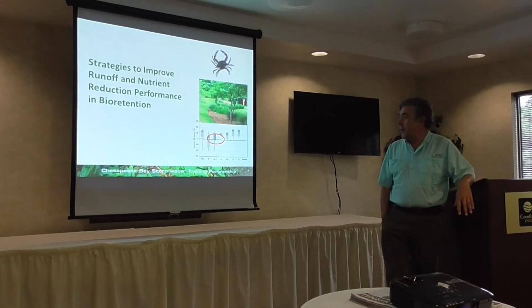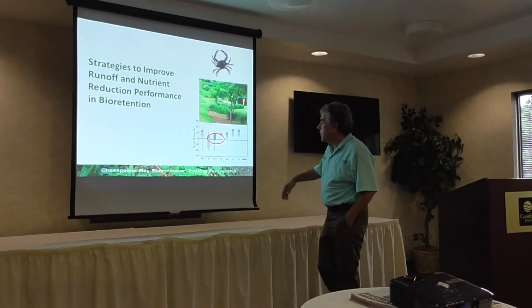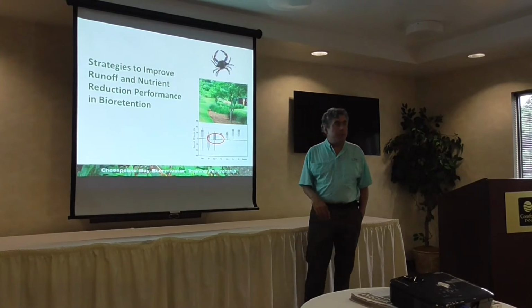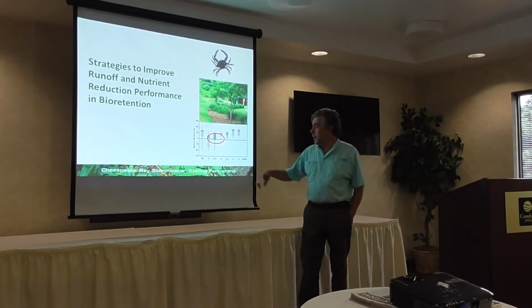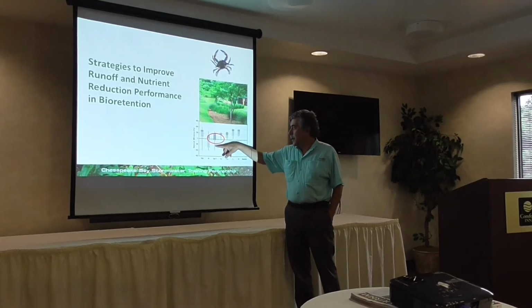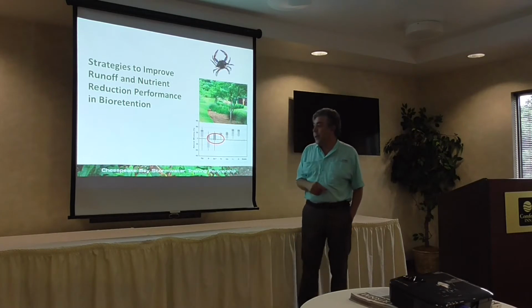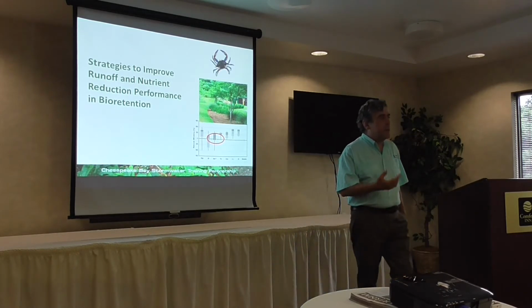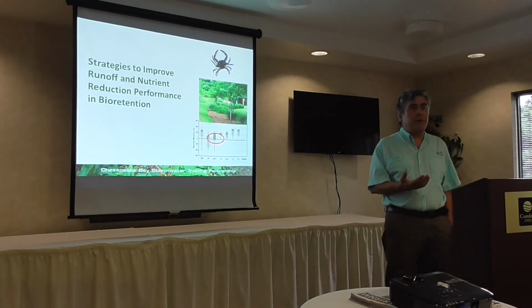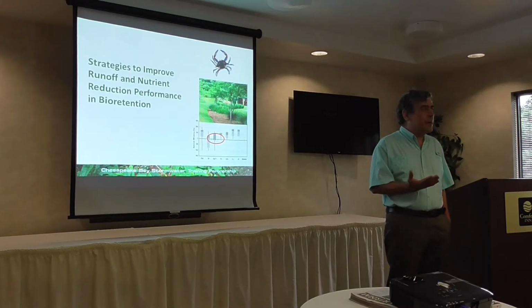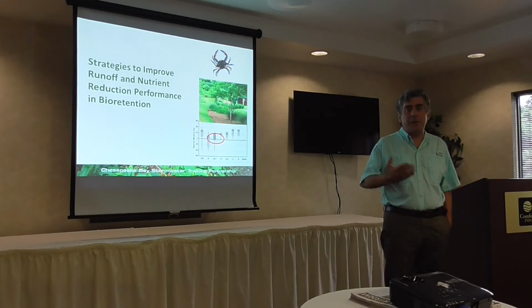I show this slide because it came from a report I did back in 1998, and it shows the removal efficiencies for bioretention for soluble phosphorus were actually found to be negative in the first generation of bioretention, which is like, what? We can't have negative removal. It should be trapping at least something.